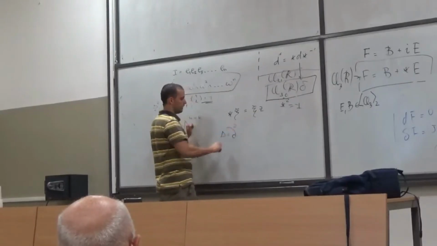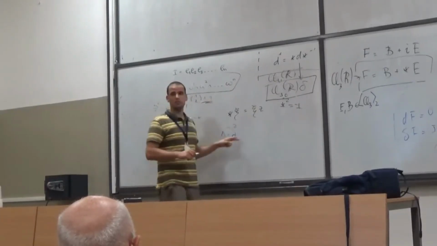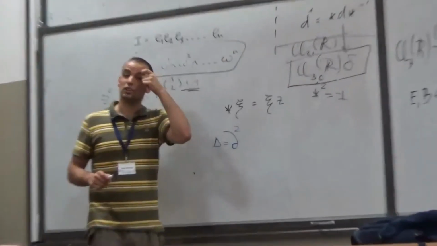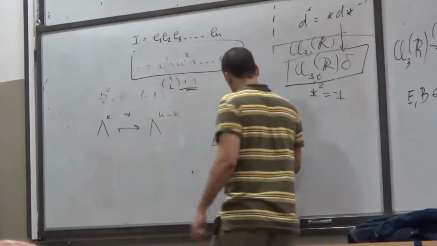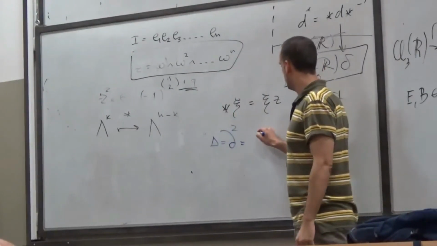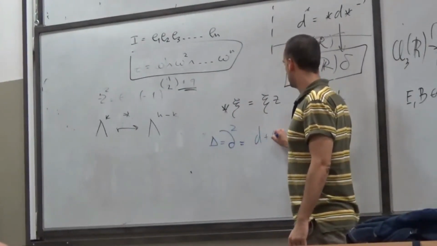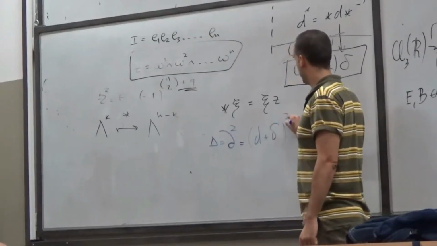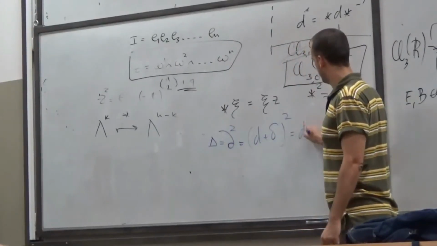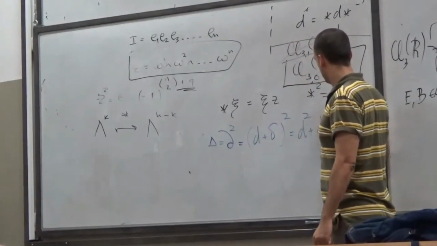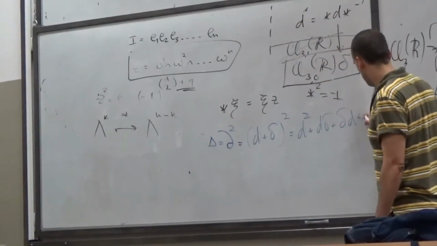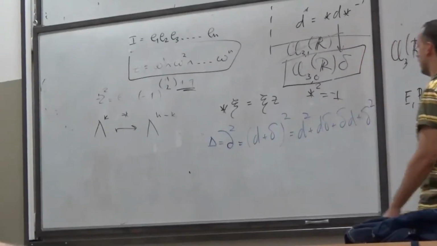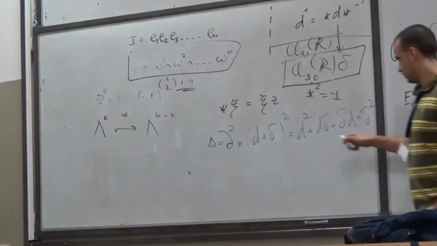So if we define it like this, but this is not only in Keller, this is the whole Laplace. So we define it as d plus delta squared, which of course has 4 terms, plus d delta plus delta d.